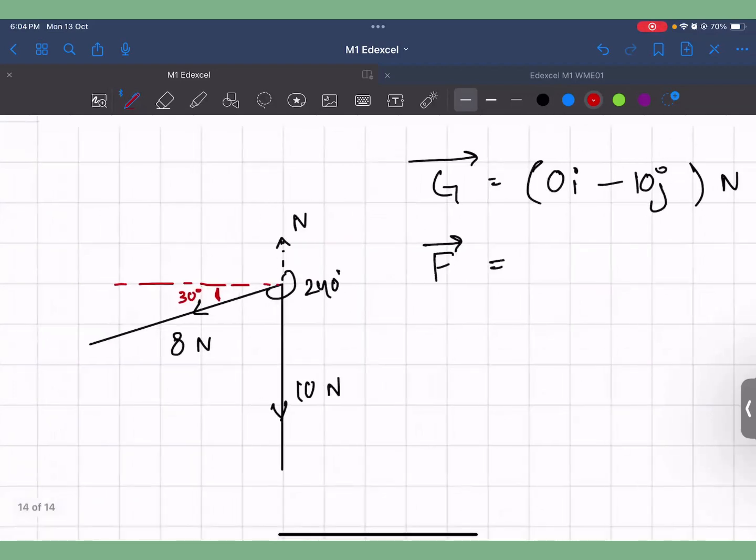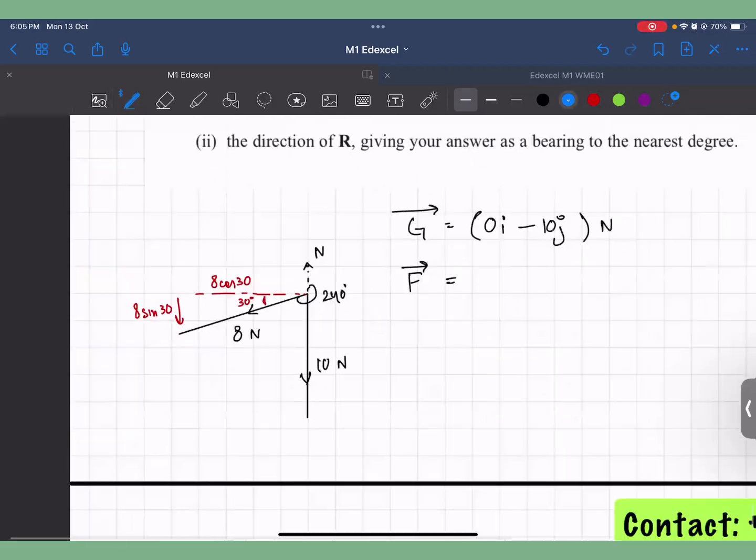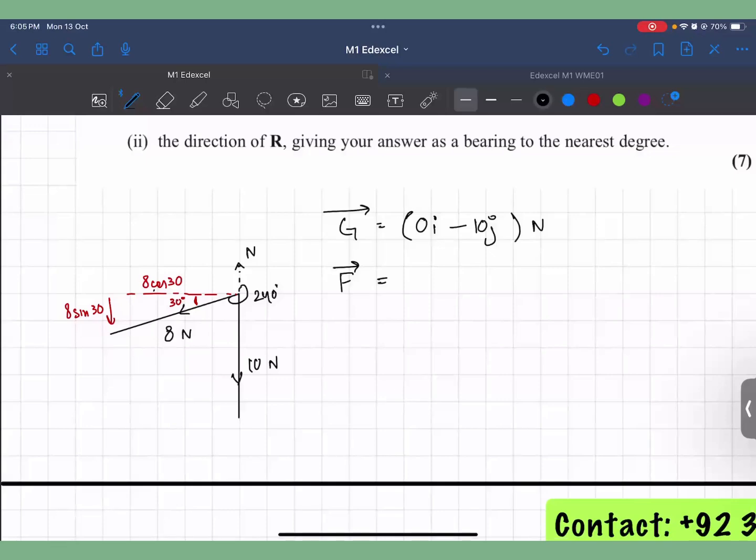The horizontal would be 8 cos 30 and the vertical would be 8 sin 30. The directions are also important, so F is minus 8 cos 30 i and minus 8 sin 30 j Newtons.